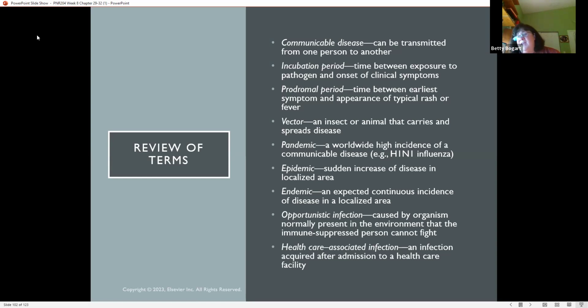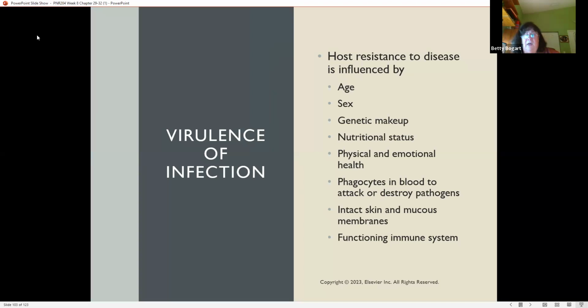These are things like your staph, right? They're there. Most people can fight them, and there's many who can't. And healthcare associated infection, that's your MRSA, right? And there's a couple more of them, but it is spread usually in the hospital setting.